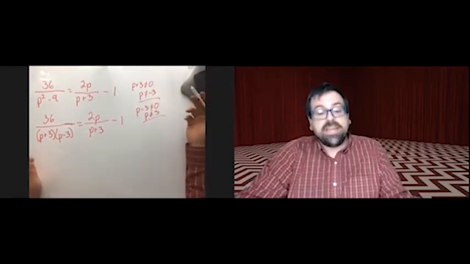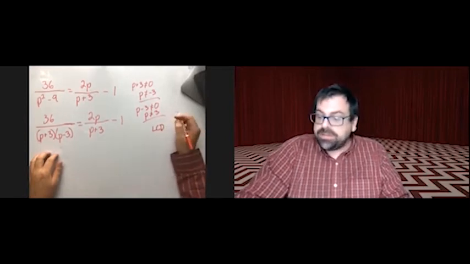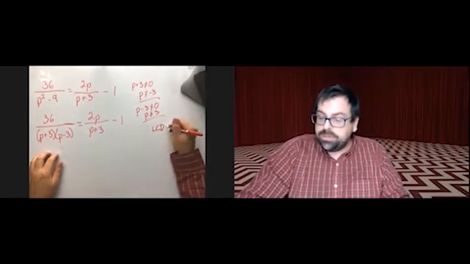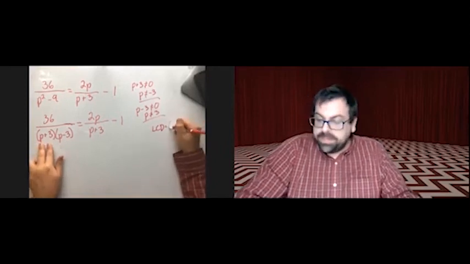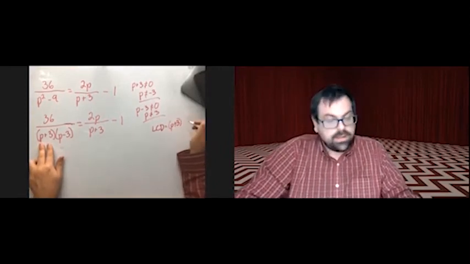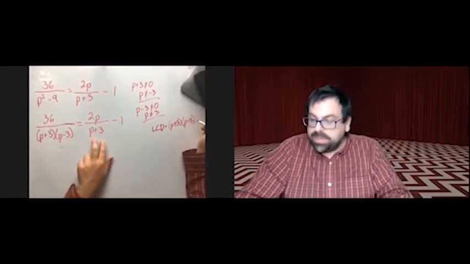It also helps us find the LCD of everything. The LCD is every unique factor to the highest power shown: p plus 3, p minus 3. We already have the p plus 3.